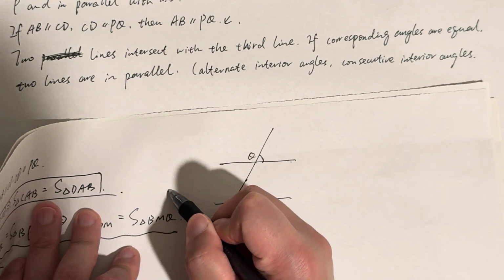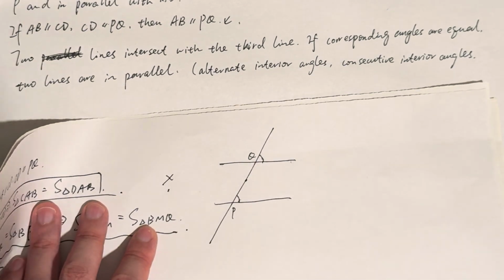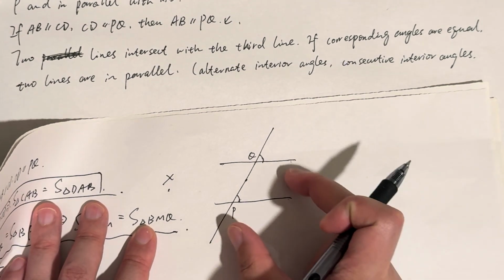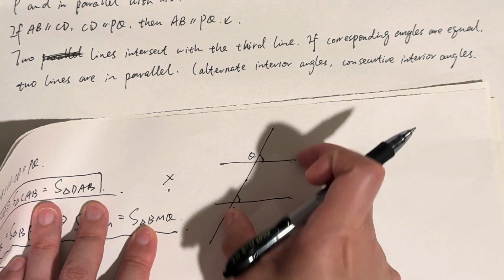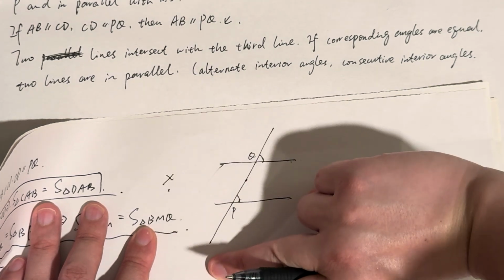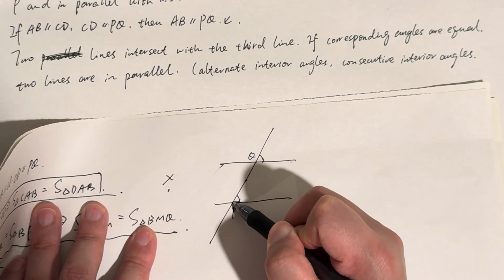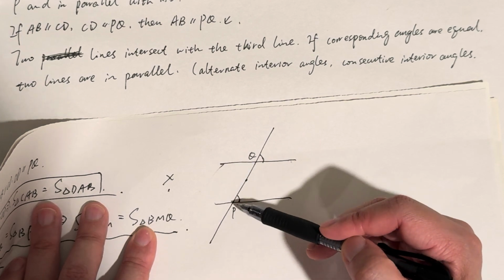Let's assume the intersection point is far, far away here. It's called point X, right? And now we can rotate the whole figure by 180 degrees, which means that point P goes to point Q, and point Q goes to point P.